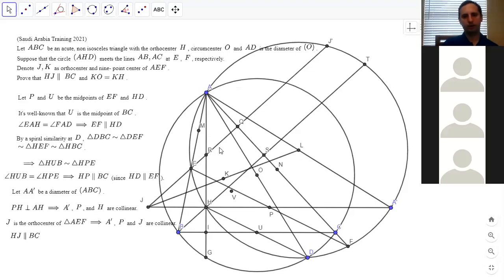L is the midpoint of A prime. Maybe we could show K has the same power with respect to two different circles. I don't know.